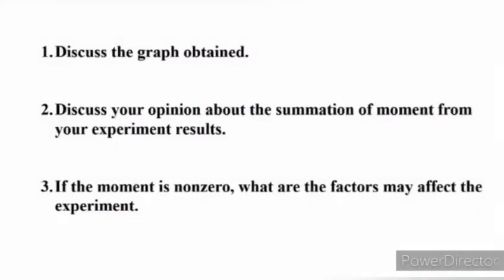The second one is to discuss your opinion about the summation of moments from the experiment result. From my point of view, the summation of moments from the result must be 0 for all Figures 3A, 3B, 3C and 3D, since the system was considered in equilibrium condition in each test configuration.